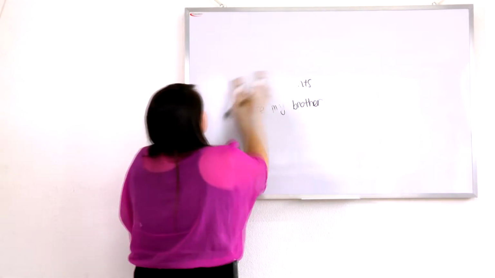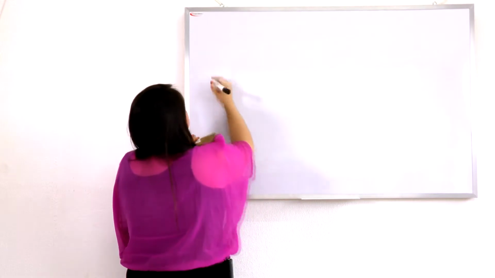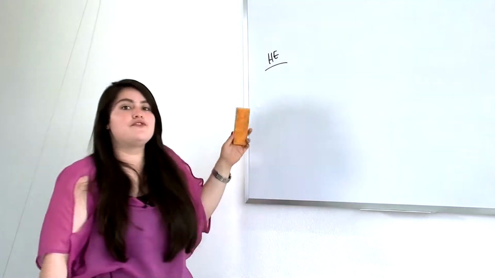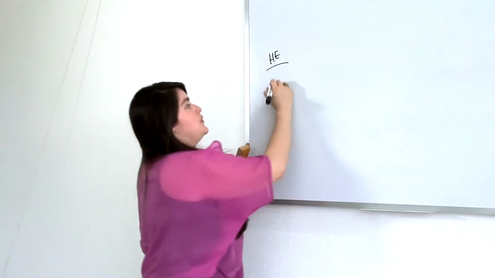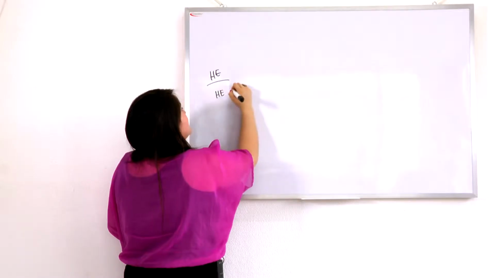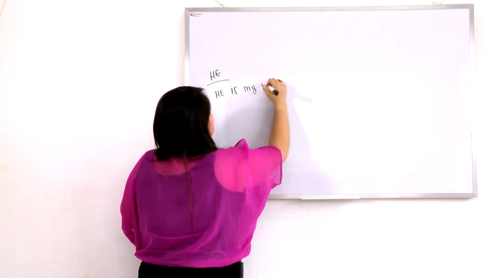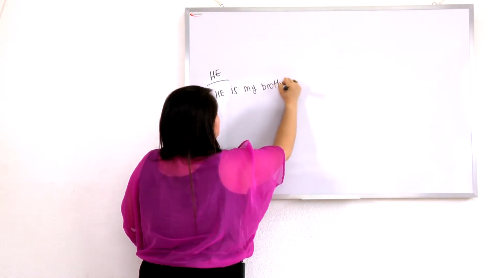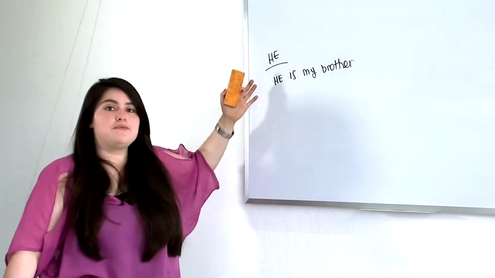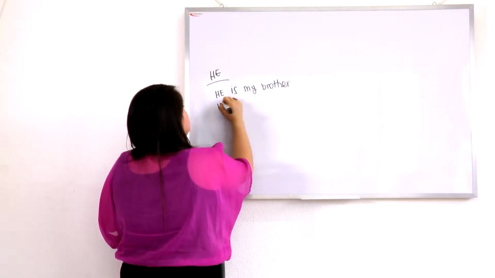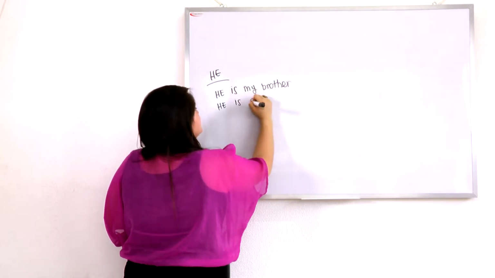Then we have he. As I told you, he could be used for animals and for persons. So he is my brother. This is the example for persons. And then the other one that I have is he is a dog.